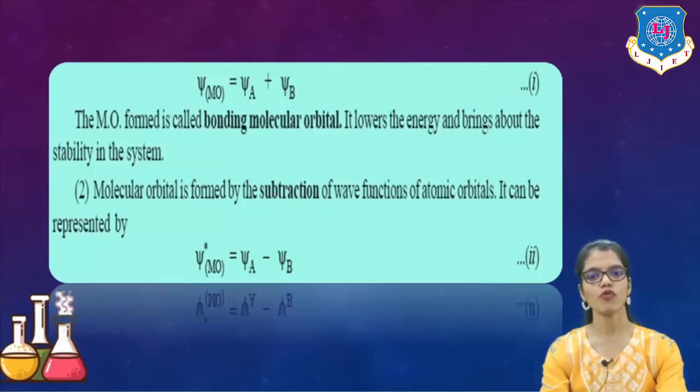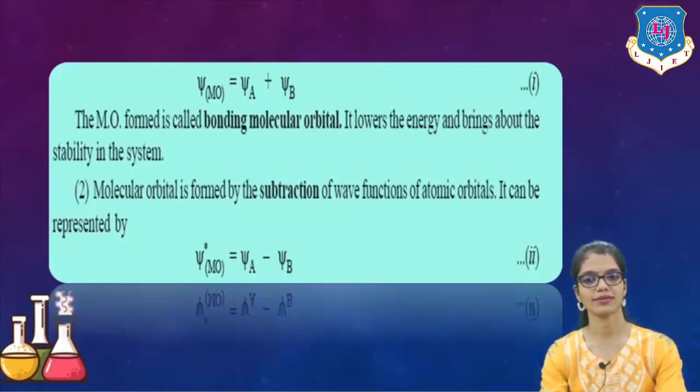The MO formed here is referred to as the bonding molecular orbital, and it lowers the energy and brings about stability in the system. Okay, it's a bonding one.